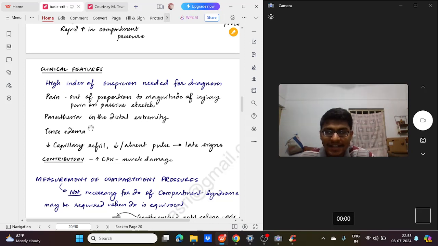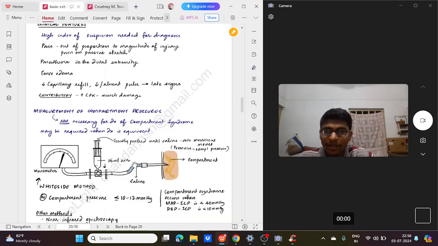Then there is tense edema, so we'll find tense, shiny skin. There will be decreased capillary refill, decreased or absent pulse, which are late signs. And then contributory factors will be increased creatine phosphokinase due to muscle damage.